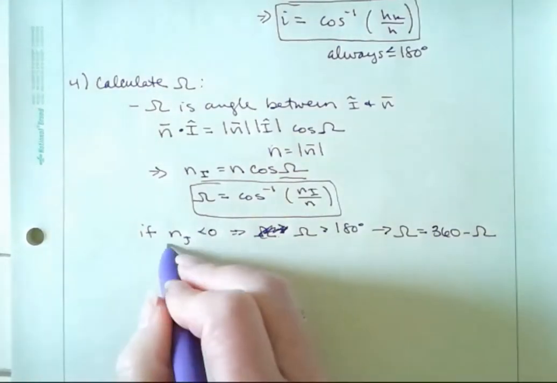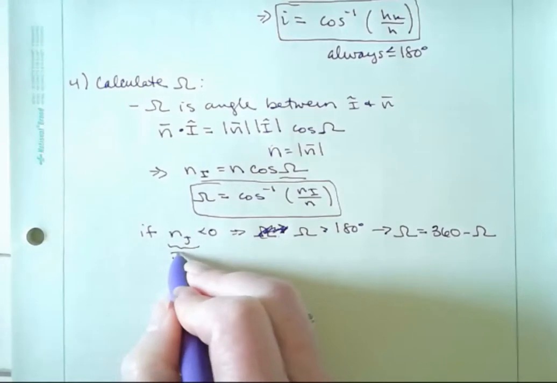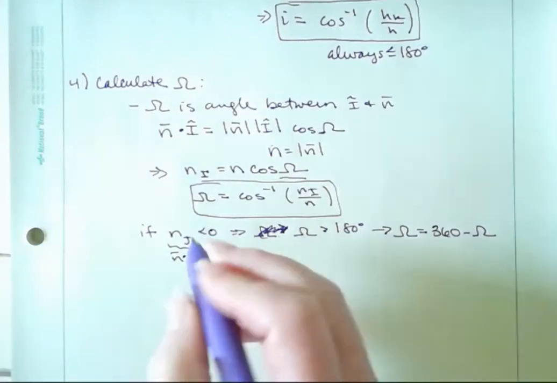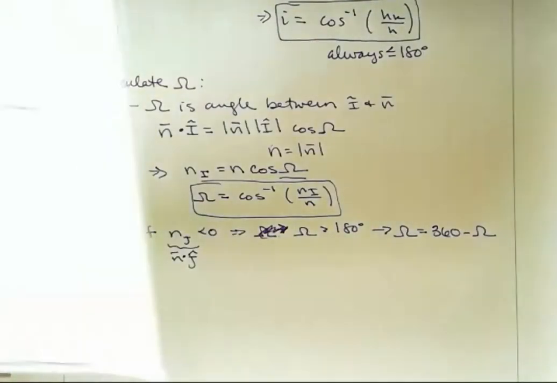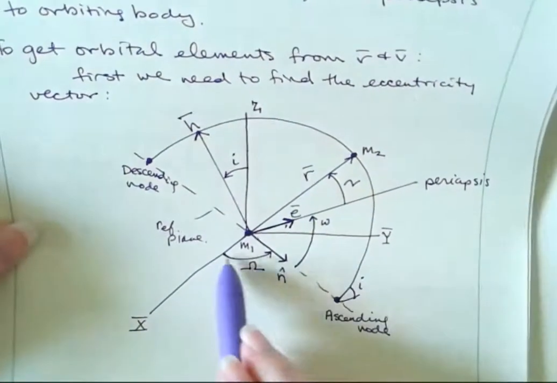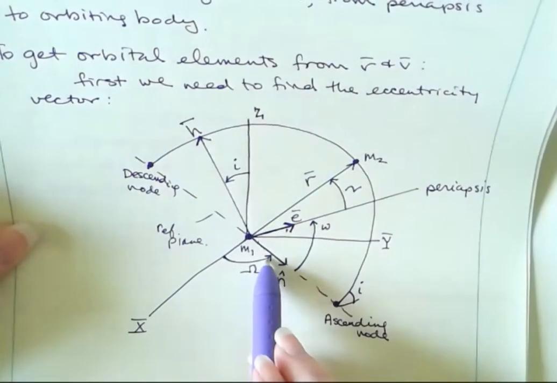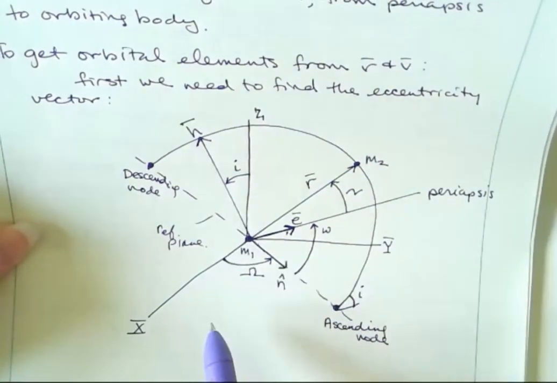And this n sub j here is just basically doing the dot product with the j unit vector and n. And just so you remember this picture, this was at capital omega.